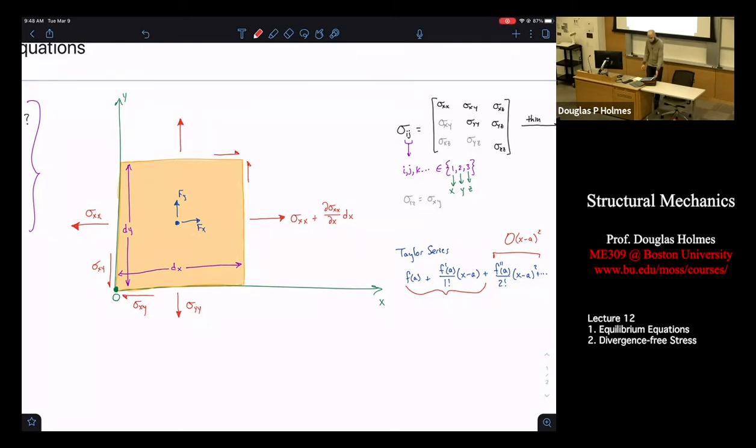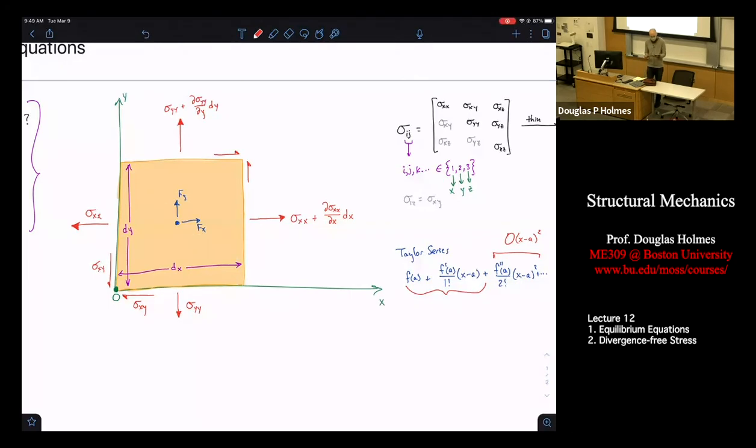All right. Let's see if we can check your work with mine. The top one should be pretty straightforward. This one should give you sigma yy plus the partial derivative of sigma yy over dy times the distance we've moved, which was dy.